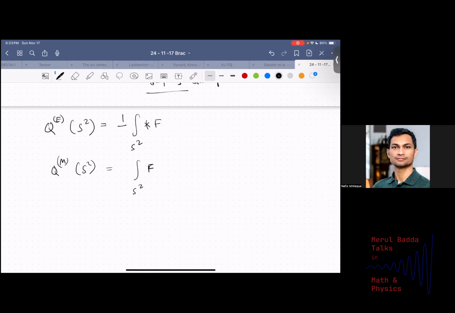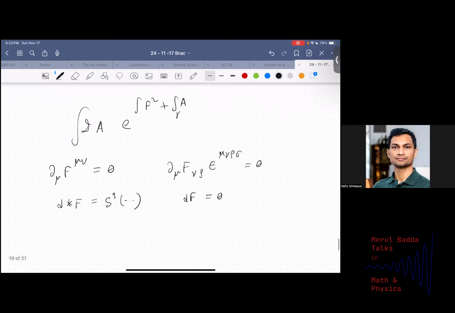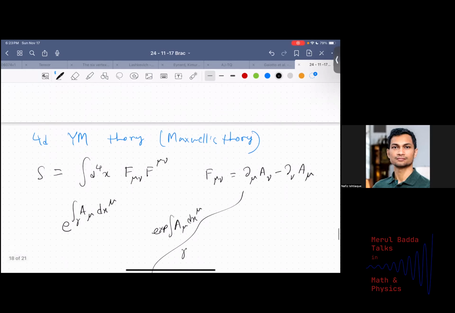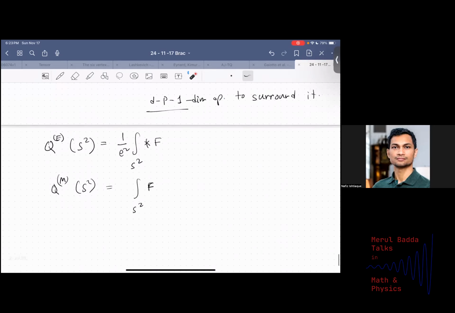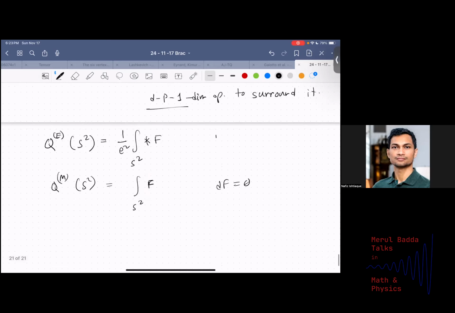I think this involves the electric coupling constant, say e squared, and this coupling constant also appears in the Lagrangian. Anyway, I'm not going to worry too much about what other numbers appear here. Okay, so we can define these two operators in our Yang-Mills theory, and both of these are topological. This one is topological because dF equals 0 by the Bianchi identity, and this one is topological because d star F equals 0 by the equation of motion.